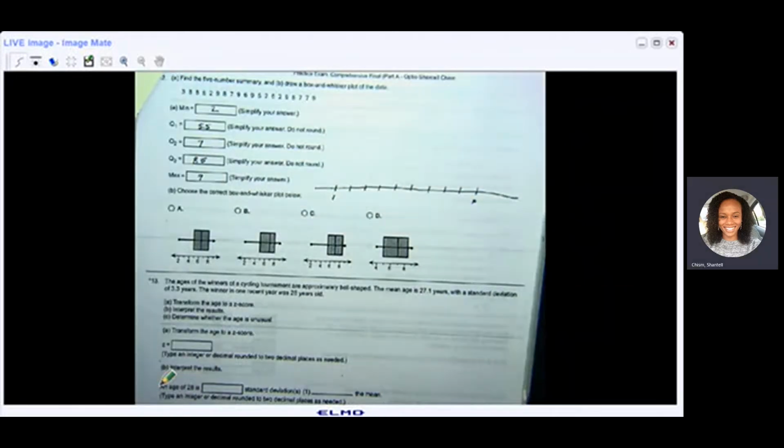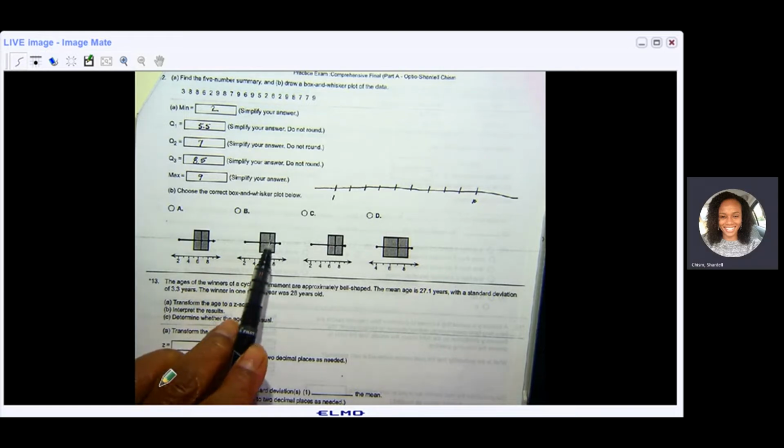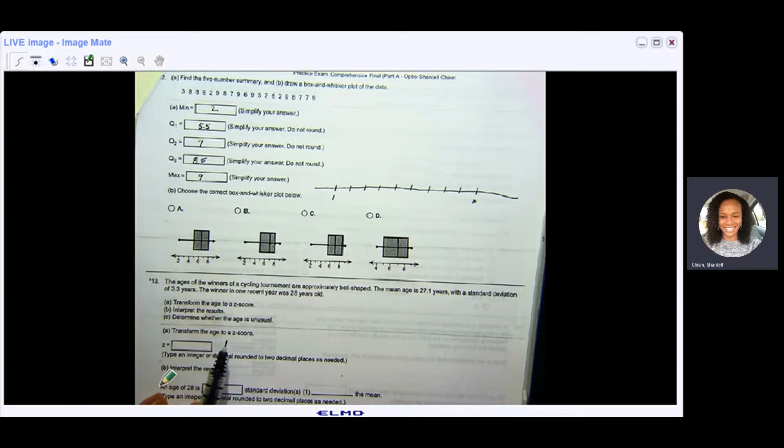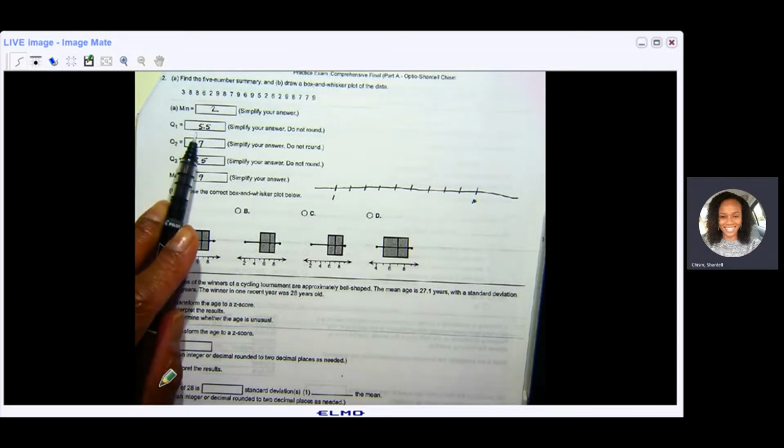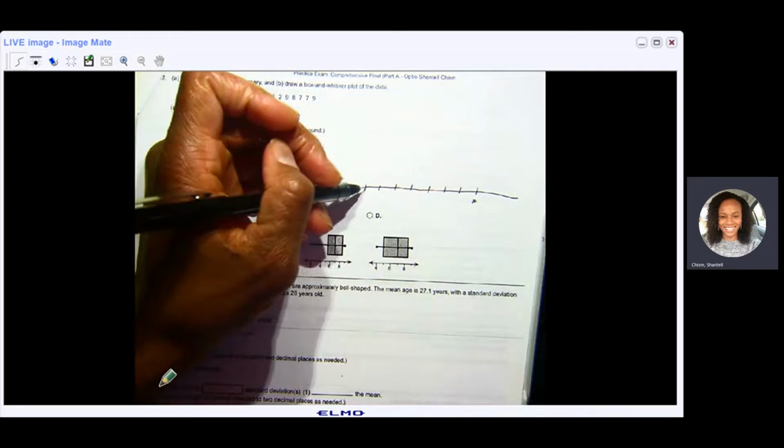And then create your box. Your box is created at Q1 and Q3. And then your line segment inside the box is at Q2, and then you extend your whiskers out from the box. So, for example, your Q1 value is 5.5, 1, 2, 3, 4, 5, so between 5 and 6 would be Q1.